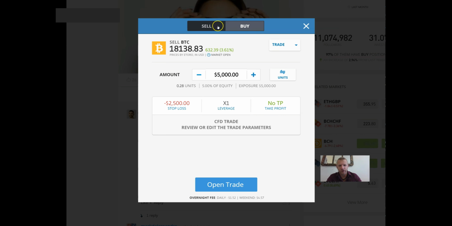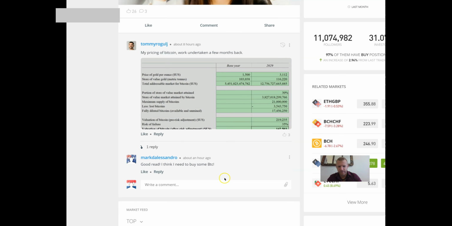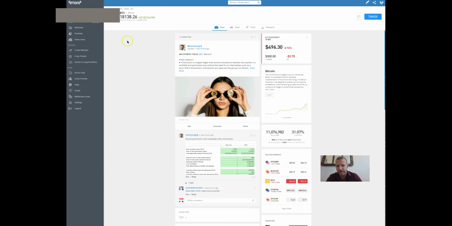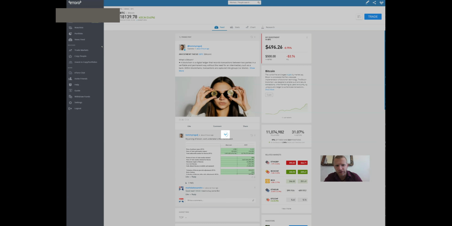And once you open the position, I can show you that. Let's do that in this virtual trading account, of course, because we only trade with virtual money. So you're going to open the trade. There we go. And now I have to go to portfolio.